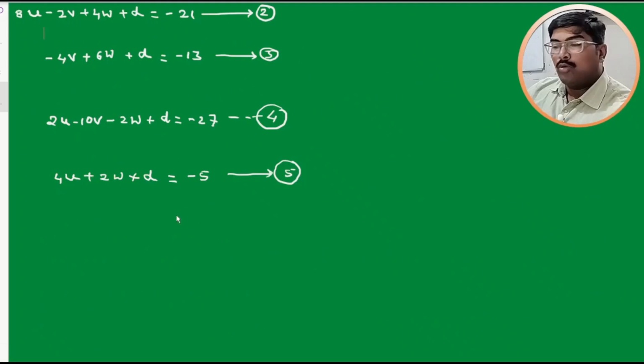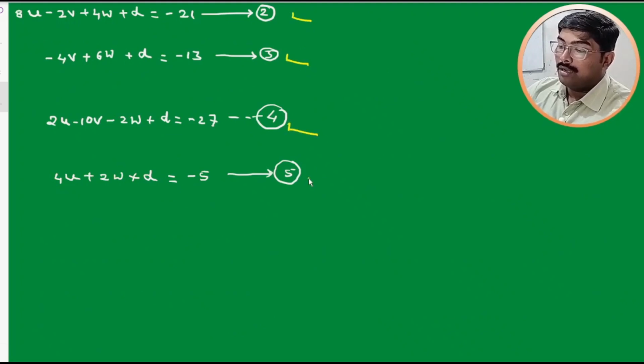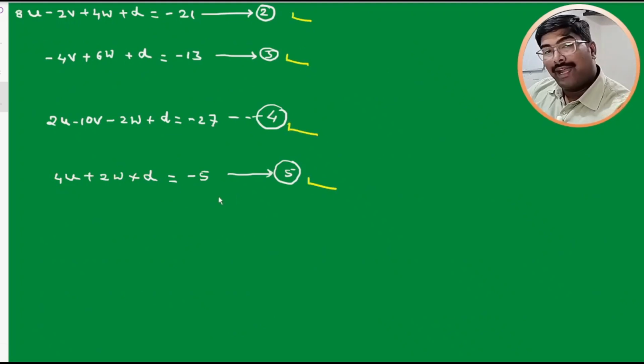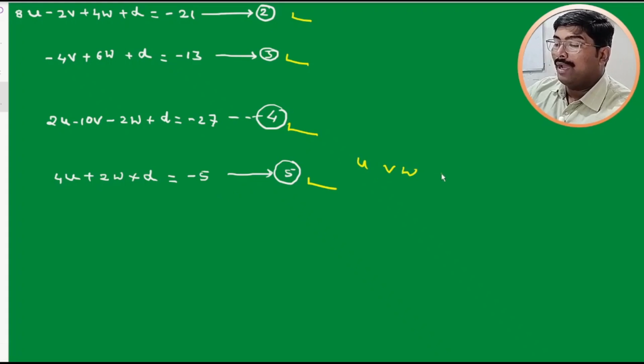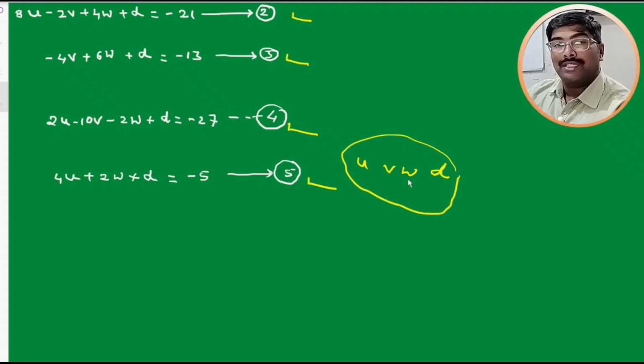Now we have to solve the equations 2, 3, 4 and 5 and find the value for u, v, w and d. And after getting the values for u, v, w and d, you have to substitute in equation 1, then you will get the required solution.